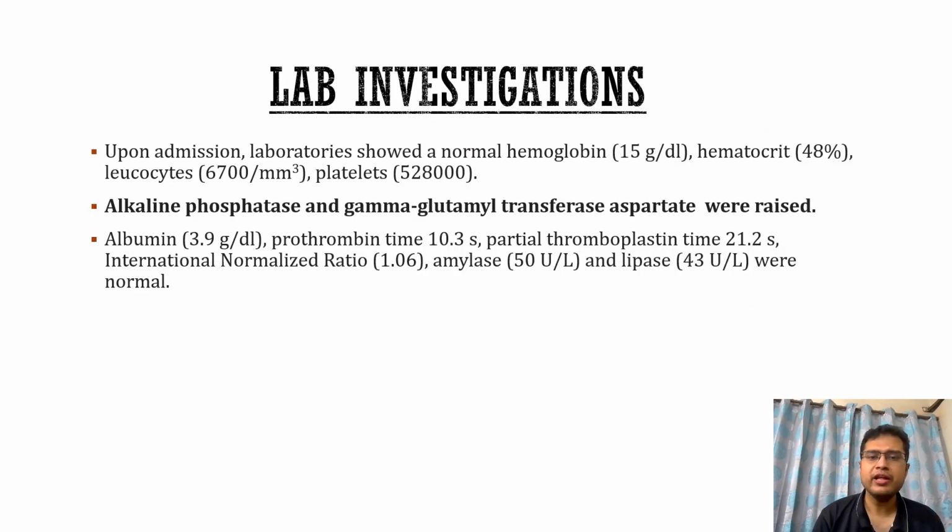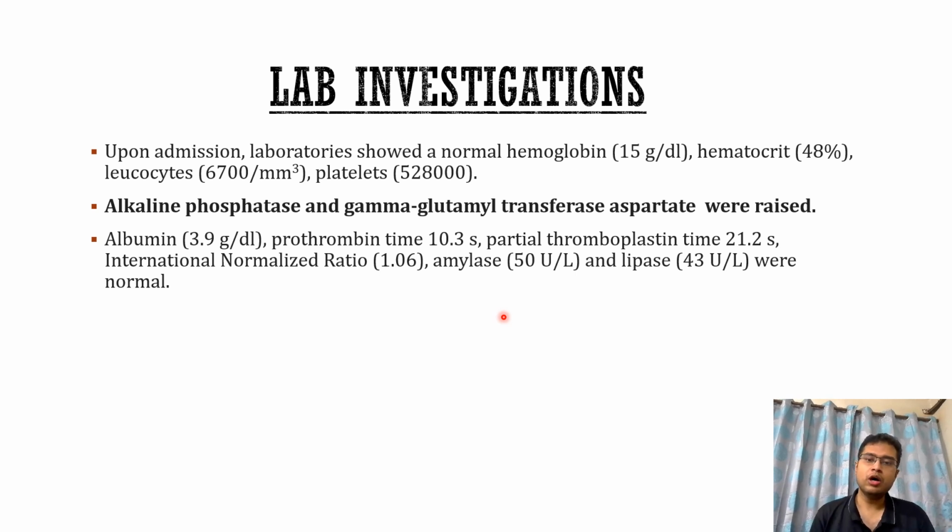So coming to the blood investigations, a complete blood picture was ordered, and hemoglobin, hematocrit, leukocytes, platelets were normal. On LFT, ALP and GGT were raised, indicating obstructive jaundice. Albumin, PT, INR were all normal. Amylase and lipase were within normal limits, hence ruling out pancreatitis as a cause of this pain abdomen.